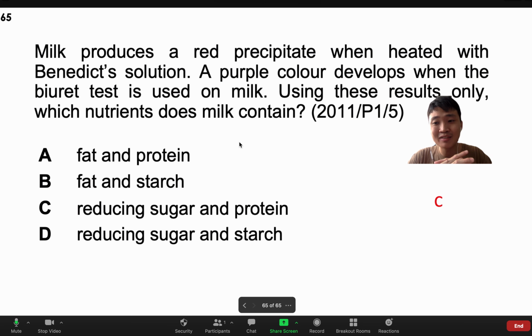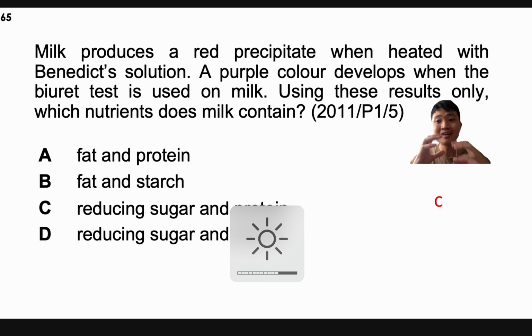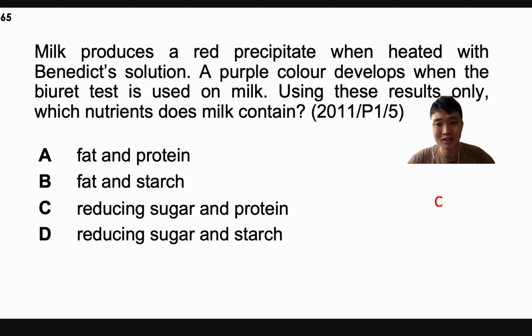So that already gives you a clue that reducing sugars are present. Now, Mr. Cho's question: how much reducing sugar is present? You should be able to recall that a large amount of reducing sugar is present. So the answer for this will be C, reducing sugar and protein.